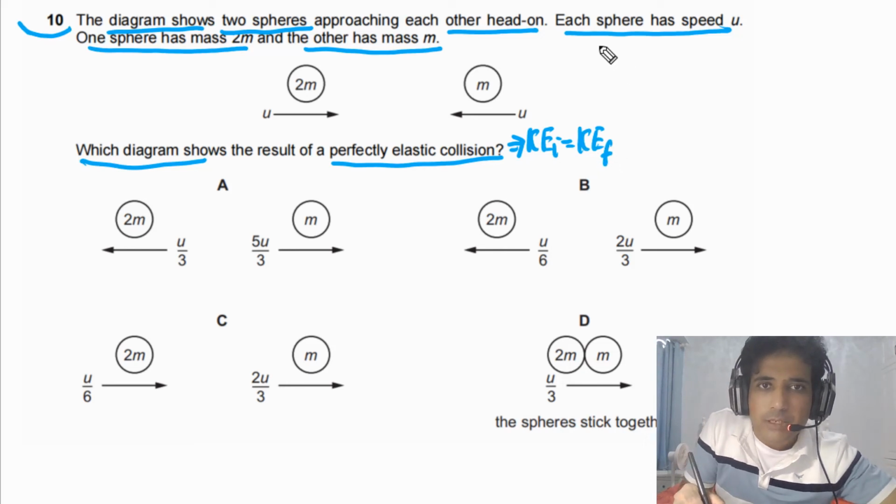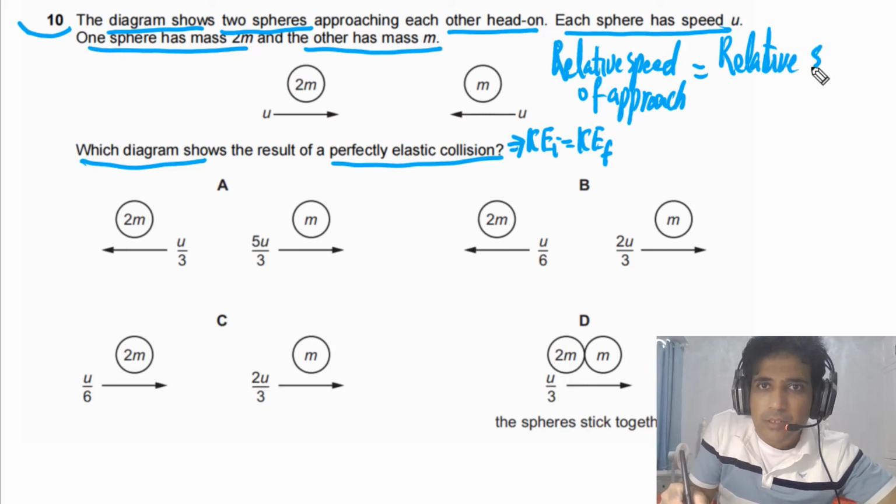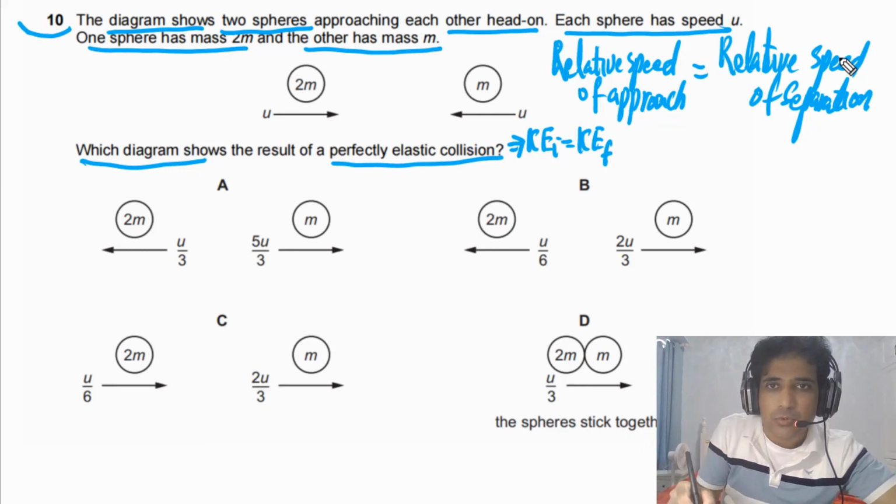Or we can say that relative speed of approach is equal to relative speed of separation. For this question, we will use this concept and we will answer this problem.